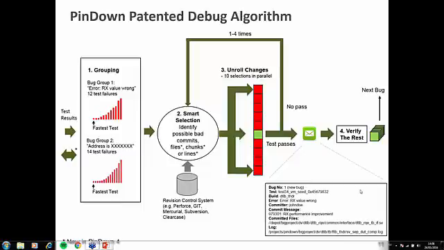Because if the grouping was correct, and if all these tests fail for the same reason, and we managed to make the fastest test pass by unrolling this change list or revision, then if we undo that change list and just run the rest of the tests once, they should also all pass.